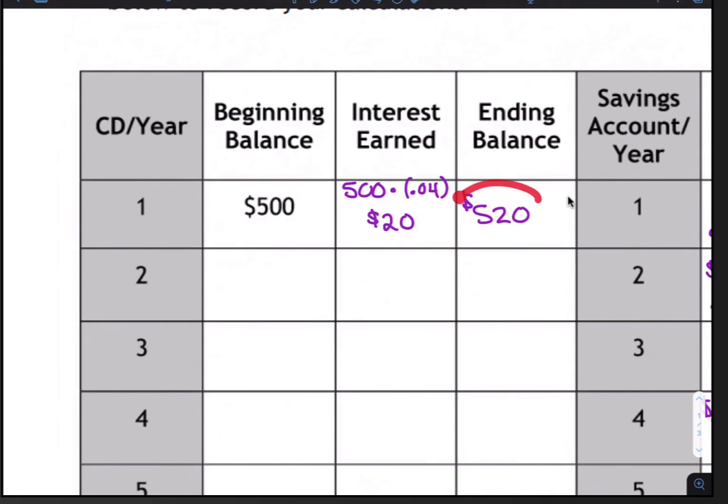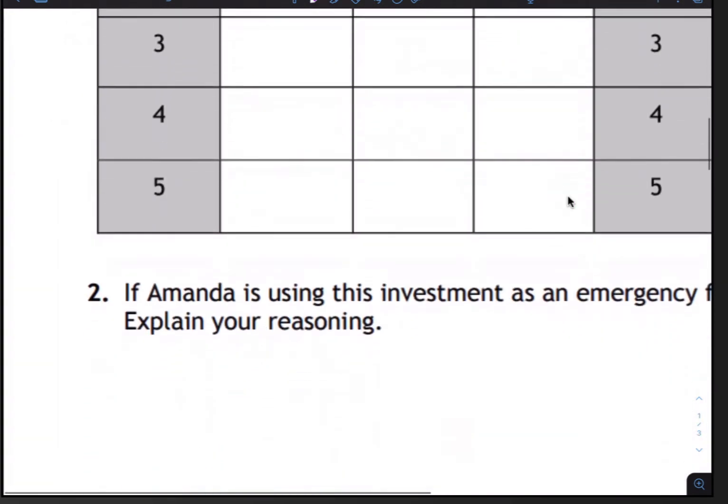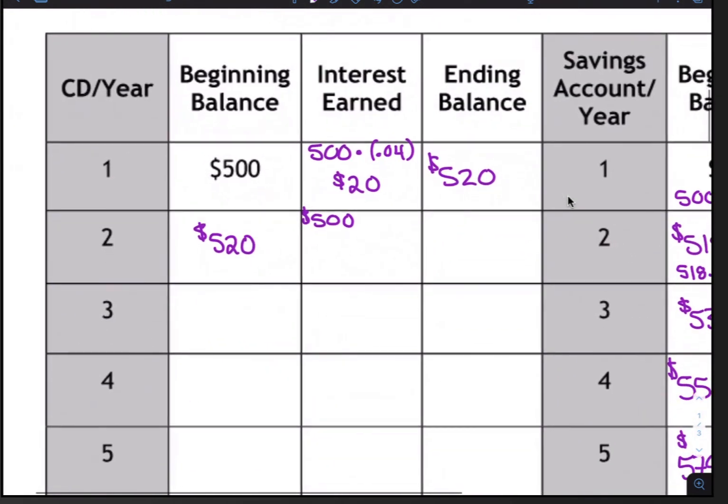Now let's transfer the ending balance here to be the beginning balance of the next year. So we'll just rewrite $520. Now, simple interest is only calculated on the beginning balance of 500. So, again, you take the 500, not the new amount, but $500, the beginning balance, times 4% again, which is 0.04.